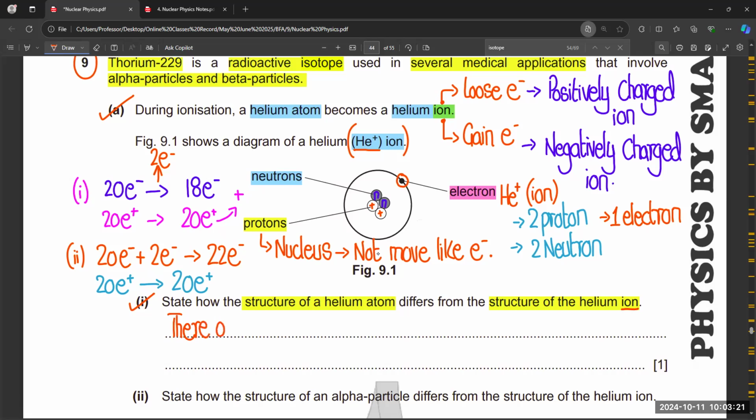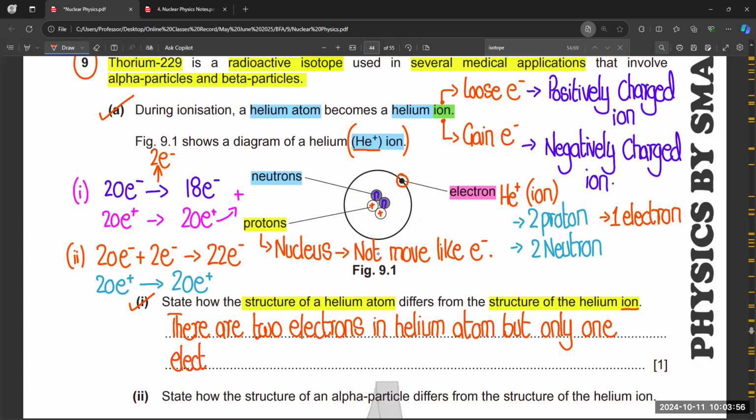So the answer is there are two electrons in helium atom, which is natural, or we can say the normal state, but only one electron in helium ions.